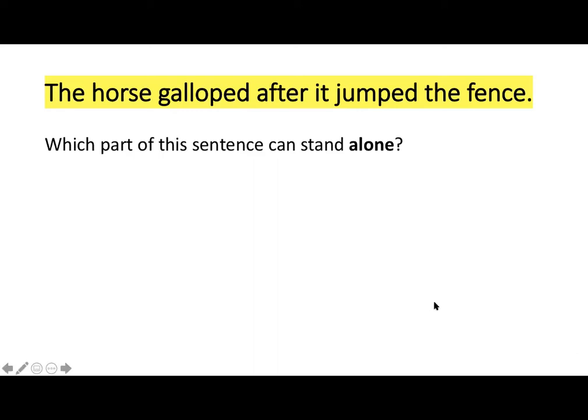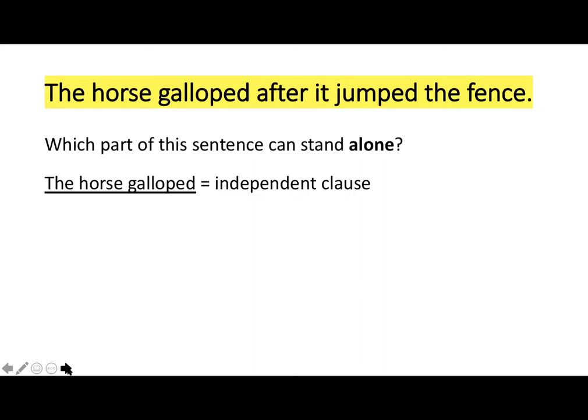What do we think? I think it's the horse galloped. Amazing. Well done. Have a look. The horse galloped is my independent clause here. It makes sense when we take it away. If I were to erase all of this part, I'm left with the horse galloped, and it still makes sense. The horse galloped, which means the horse ran.